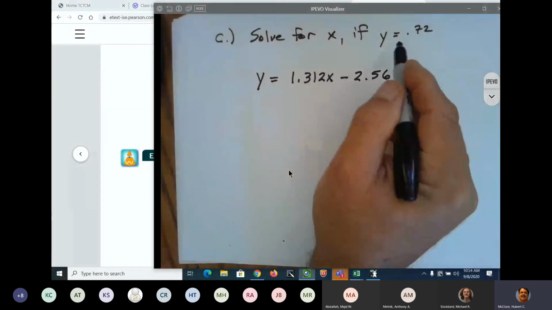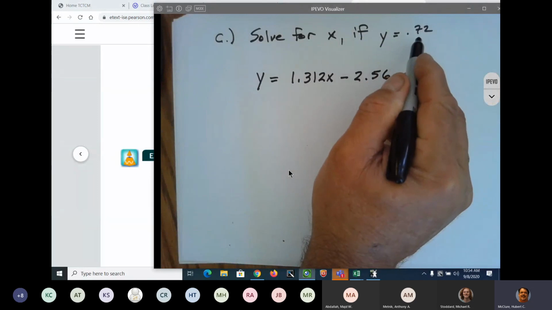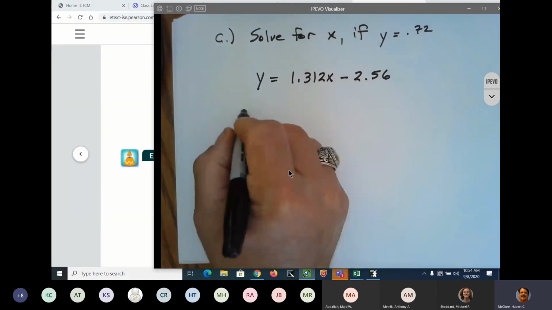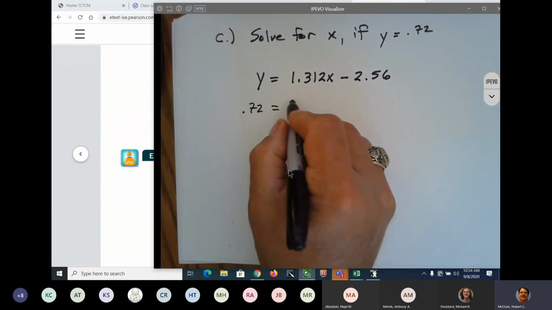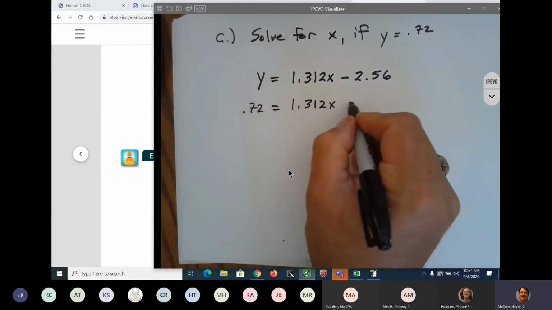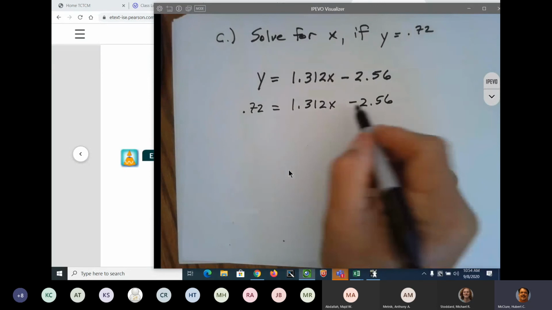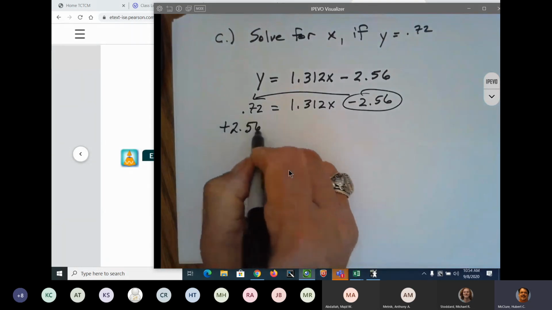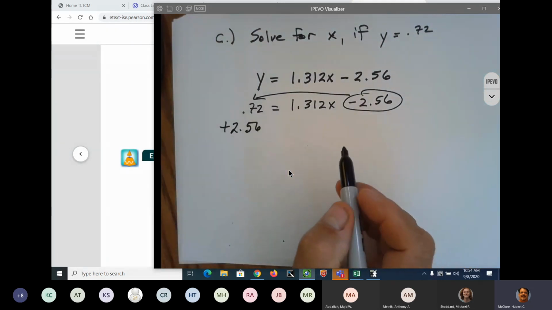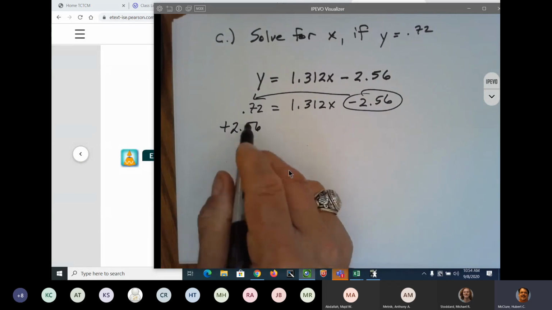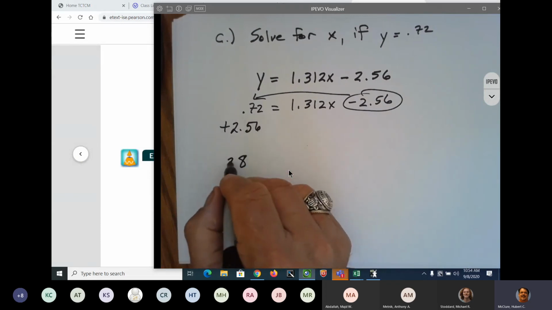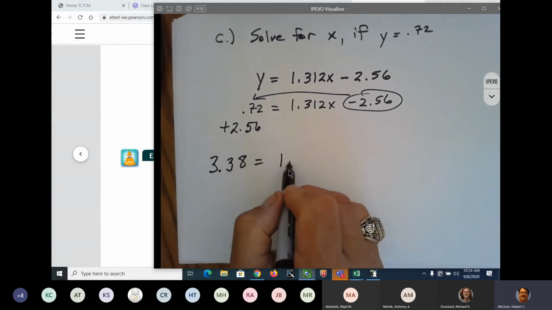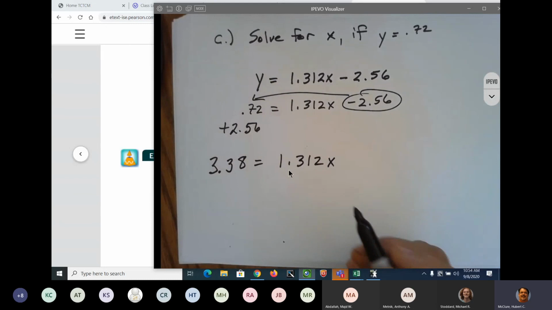But anyway, if y is equal to 0.72, that means I'm going to plug it in here. 1.312x minus 2.56. We got to get rid of 2.56. So we take it across the river, and it becomes 2.56 positive. So that's going to be 8, 7, and 6 is 13, bring you 1. 3.38 is equal to 1.312x.